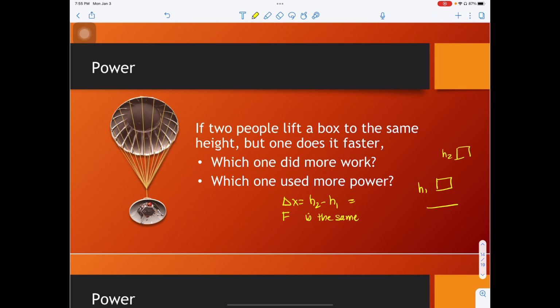And so we know that their work is equal to F dot delta x, so it's the same for both. But now we have this concept of power. Power is the rate at which work is done, and so the one who does it faster actually exerts more power.